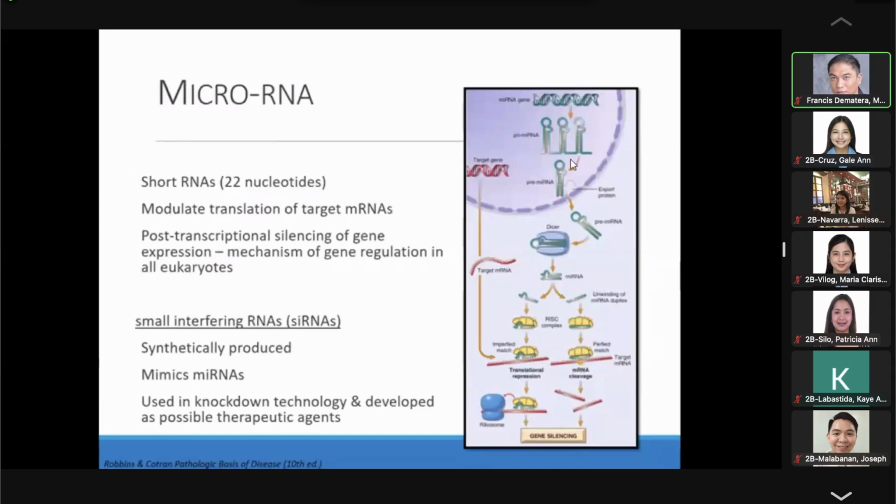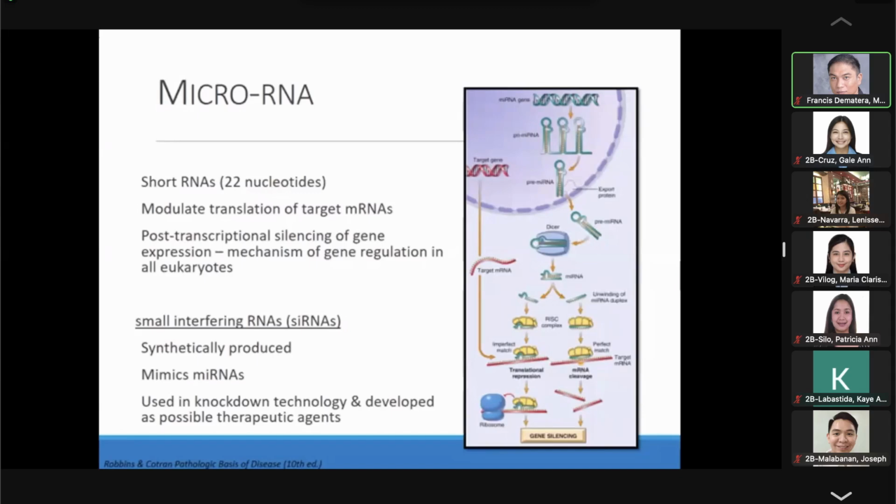It is processed in the nucleus to form pre-microRNA, and the pre-microRNA has a hairpin structure. It is exported into the cytoplasm, and then it is trimmed by the Dicer enzyme to generate mature double-stranded microRNAs.